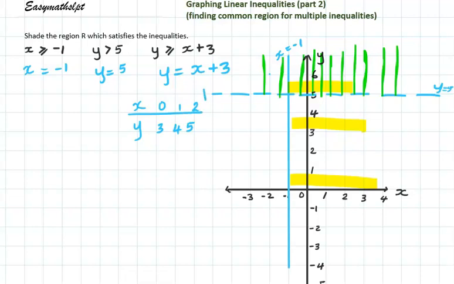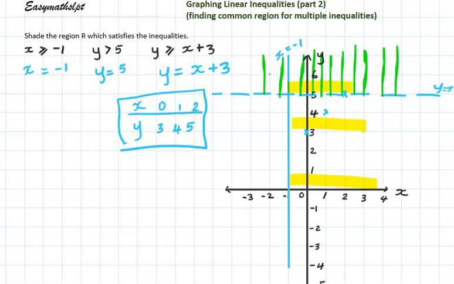And then we're going to plot these points. So 0 on the x maps to 3 on the y, which is here. 1 on the x will map to 4 on the y, which is right here. And 2 on the x to 5 on the y, which is this point here.